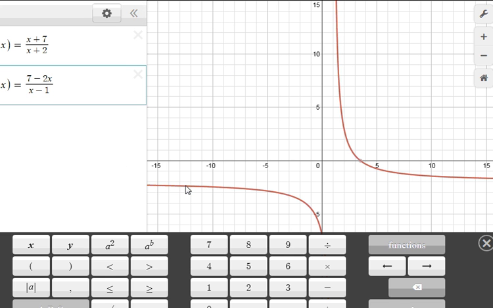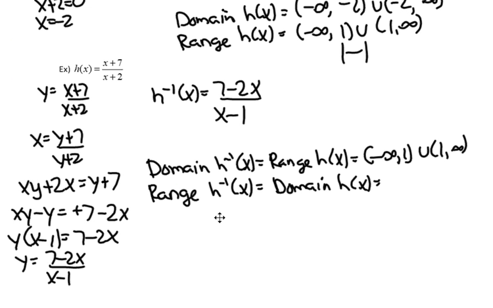So again, when we're taking a look at the range of the y values, it looks like from this side or this side that y is never going to equal negative 2. Okay? So now let's go back to the original problem. The domain of the original was all real numbers except negative 2, so it matches. So let's write.